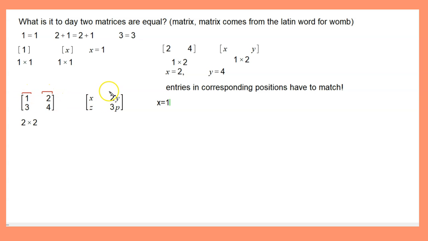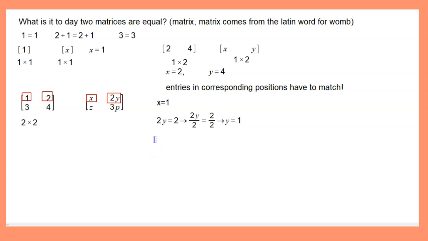That means the 2 here has to be equal to the 2y because they're in the same position between the two matrices. We can write the equation 2y equals 2, which means 2y divided by 2 equals 2 divided by 2, so y equals positive 1. It has to be the value of y.